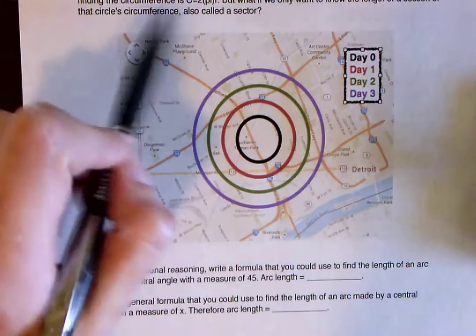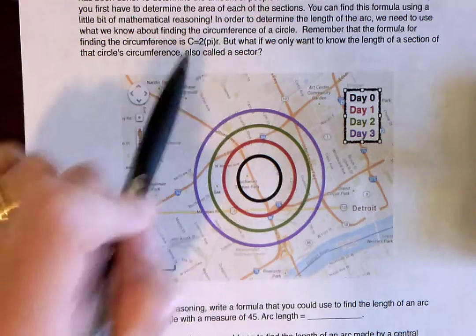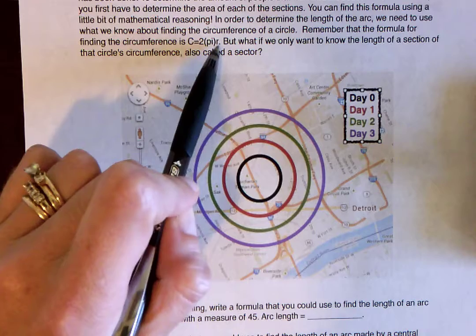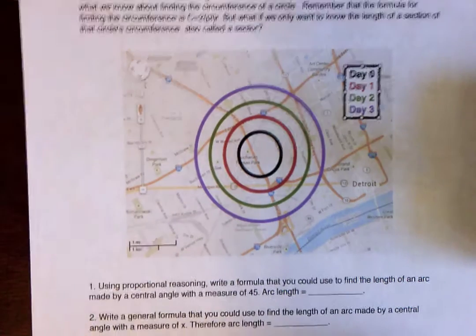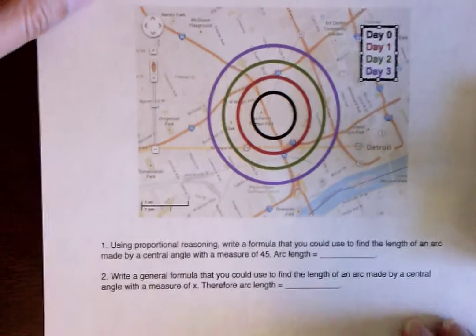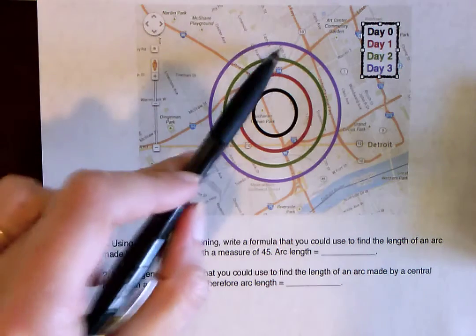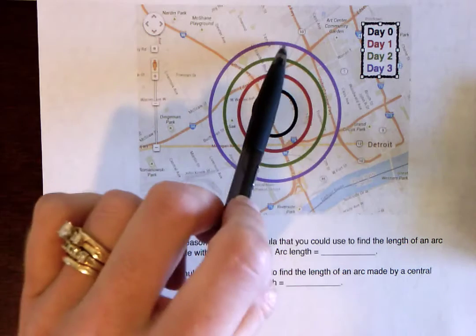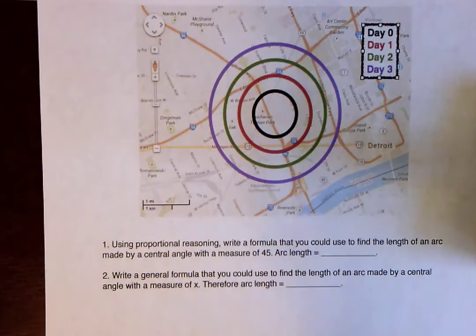And so it kind of showed you up here. The formula for circumference is 2 pi r. Okay, and so if we're roping off a section, we want to know what the arc length is going to be, so we know how much rope to use.